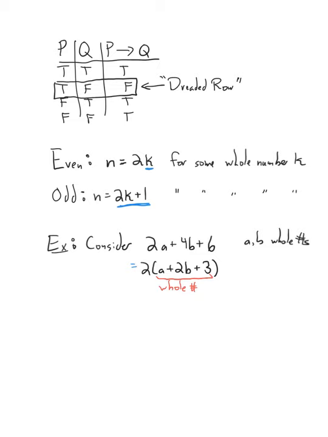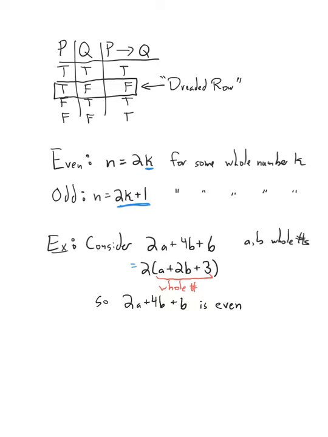Whatever a and b are, we know they're whole numbers, so a plus 2b plus 3 is a whole number. So I wrote 2a plus 4b plus 6 as 2 times a whole number. Well, that means the original expression, 2a plus 4b plus 6, is even.